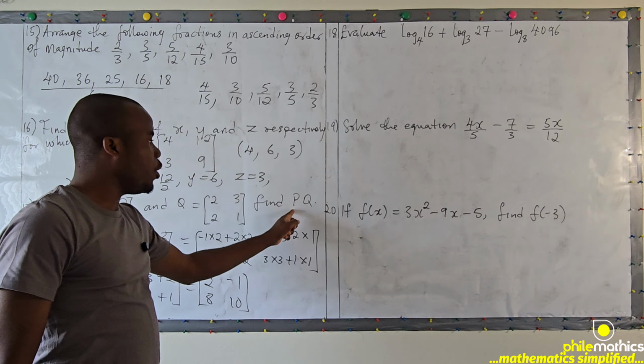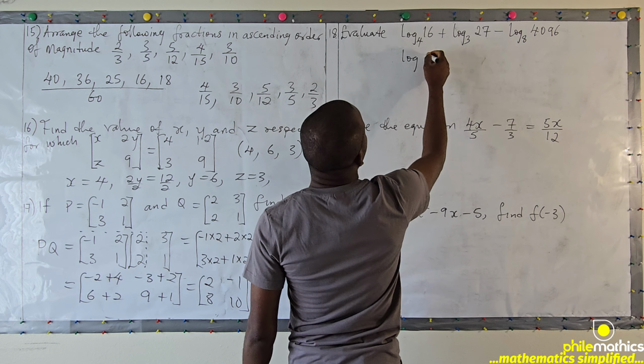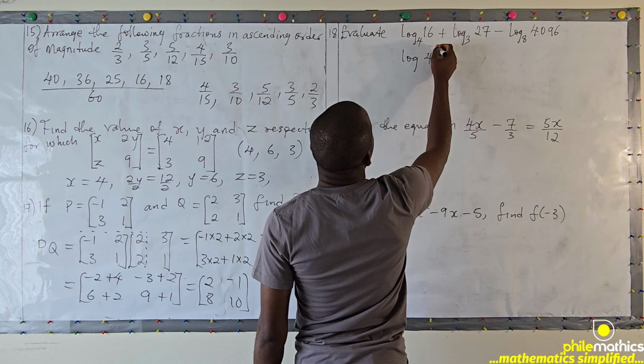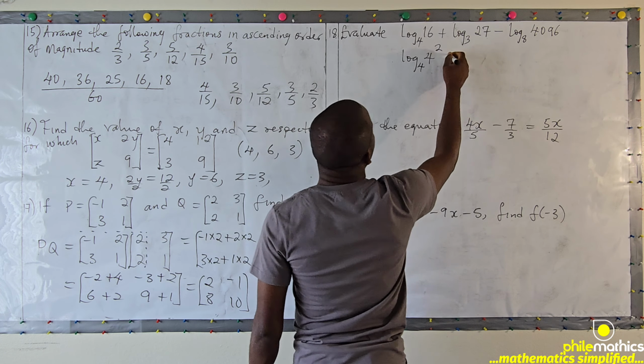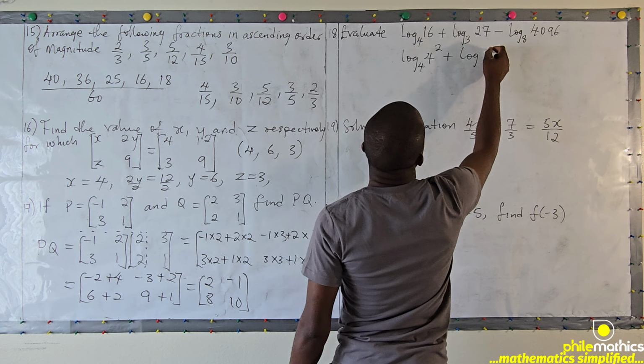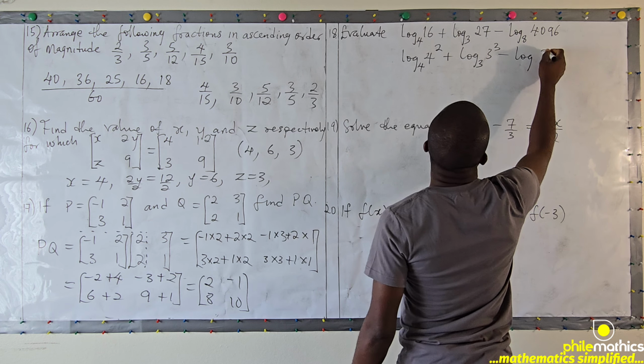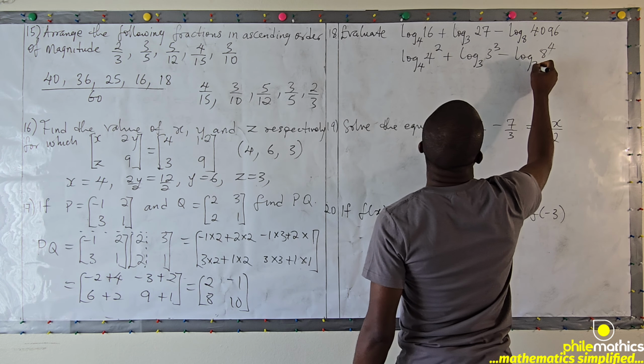Evaluate log 16 base 4, plus log 27 base 3, minus log 4096 base 8. We can put these in their respective indices, so I express this as log of 4 to power 2 base 4. I can express this as log of 3 to power 3 base 3. I can express this as log of 8 to power 4 base 8.